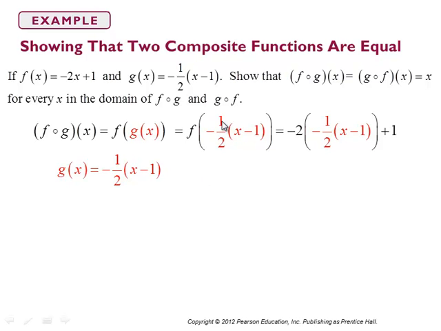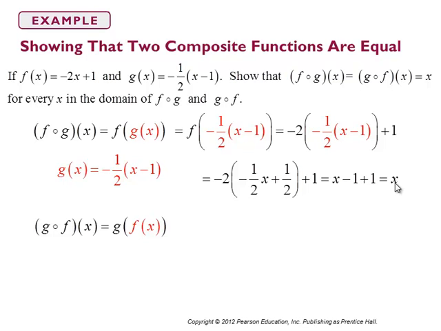So in the f function, you just replace x by whatever g is, and then multiply out and simplify. And that actually works out to be x. And then we go through and do the same sort of calculation in the other direction.